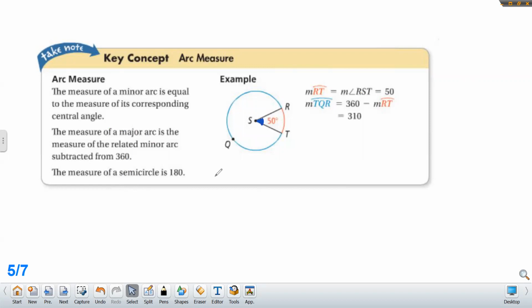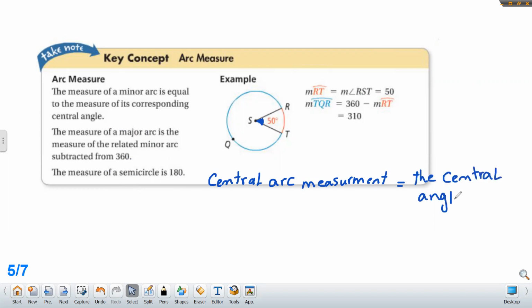The central arc measurement equals the central angle measurement.